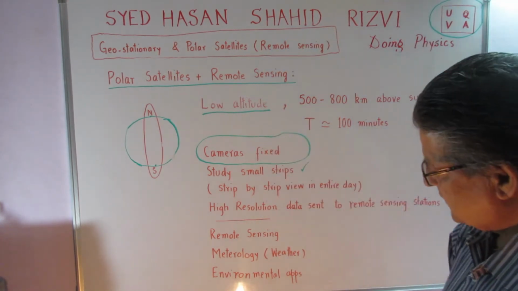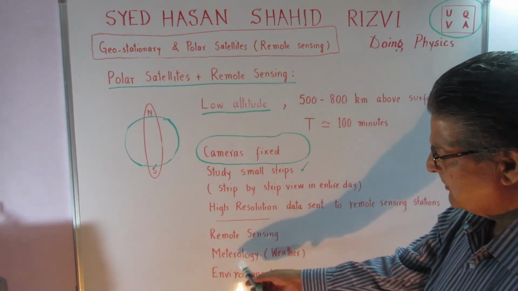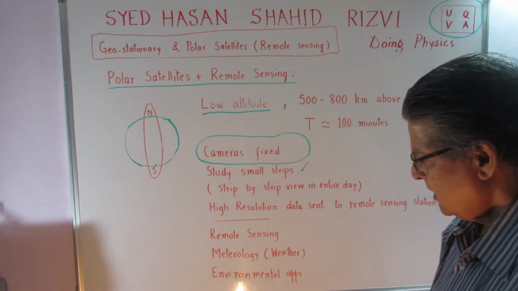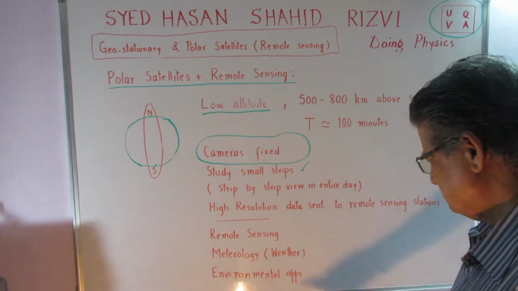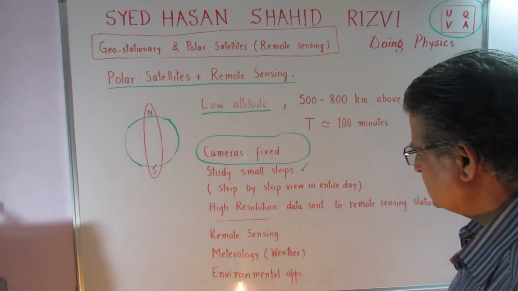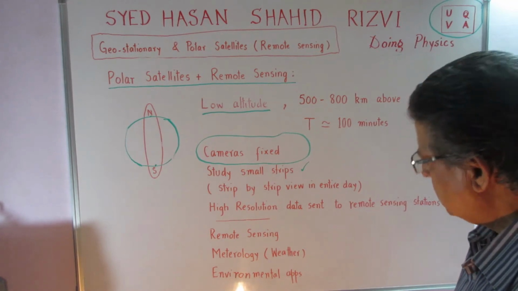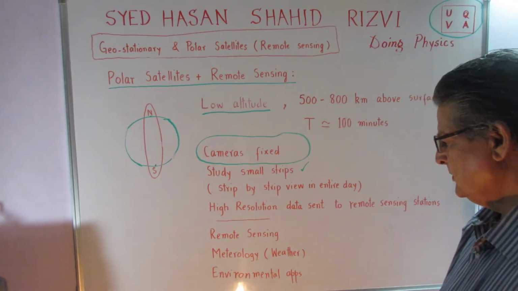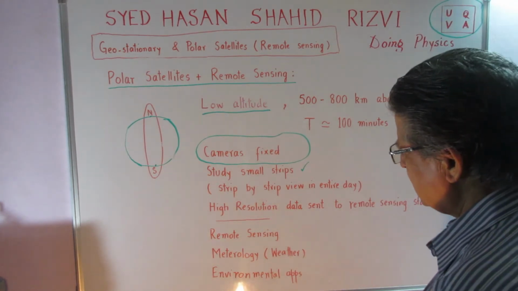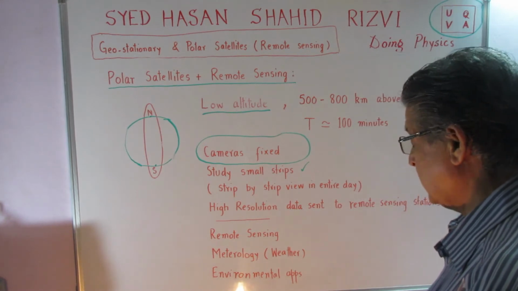These satellites are used for remote sensing. They are used in meteorology, for weather studies, for many other things, and applications to study the environment around. There can be special purpose cameras and processing systems, and you can have many kinds of applications.